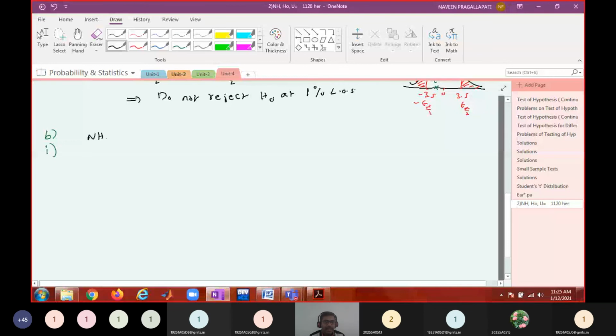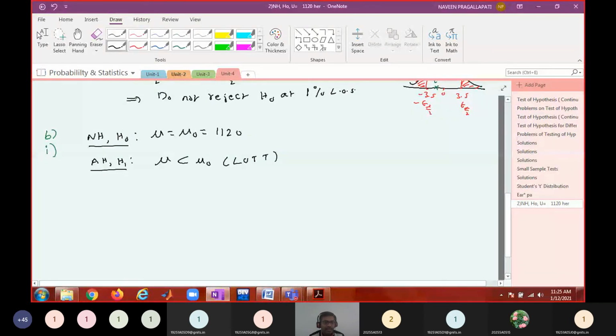Null hypothesis H naught: mu equal to mu naught equal to 1120. Alternate hypothesis H1: the sample evidence is telling that we want to test whether it is decreasing, so mu less than mu naught. So it is a left one-tail test.